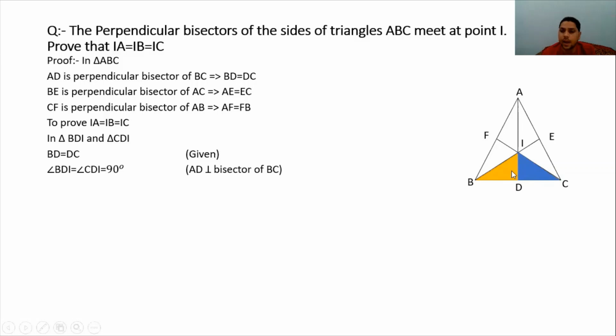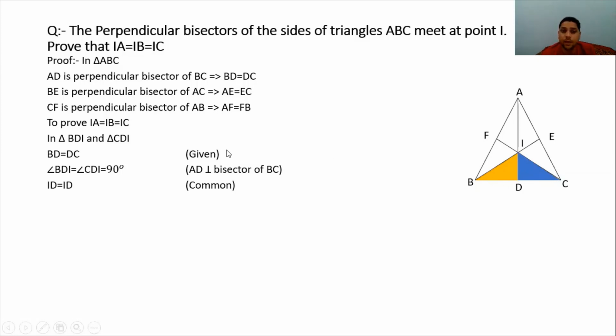At this point we have an angle of 90 degree, because AD is perpendicular to BC. One more thing: these two triangles have a common side ID.